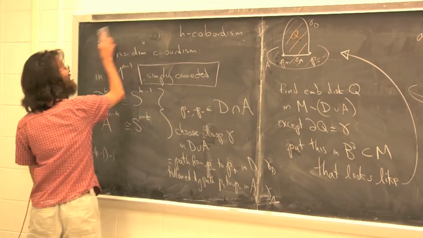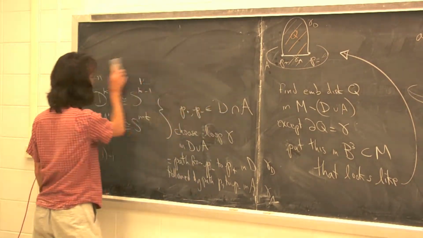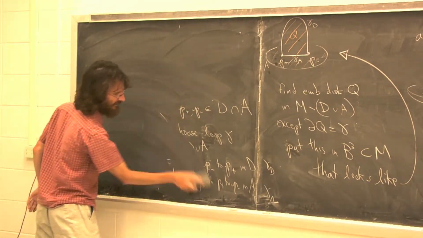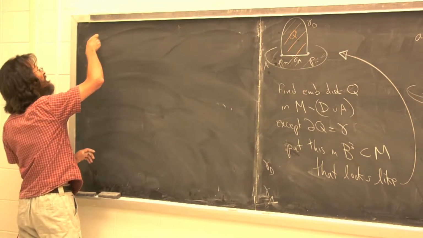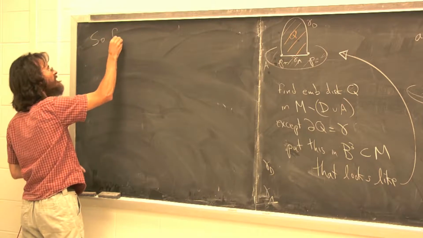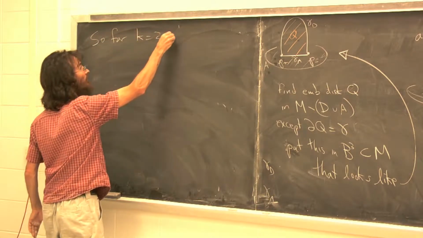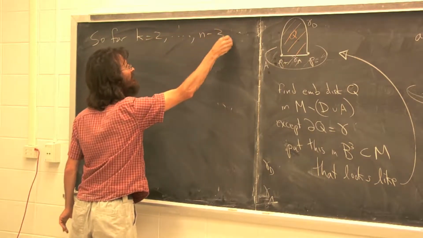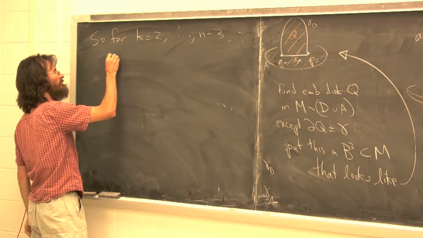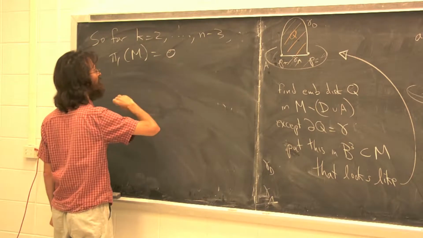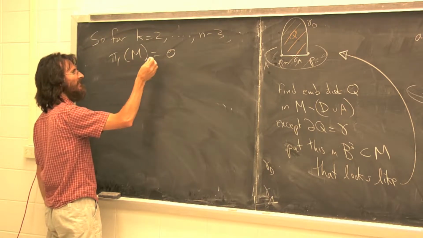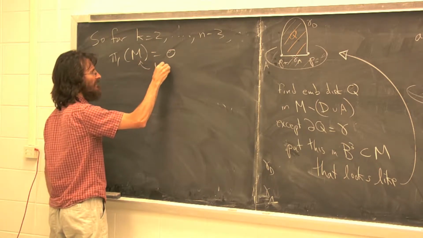For k equals 2 up to n minus 3, pi 1 is trivial for all level sets.